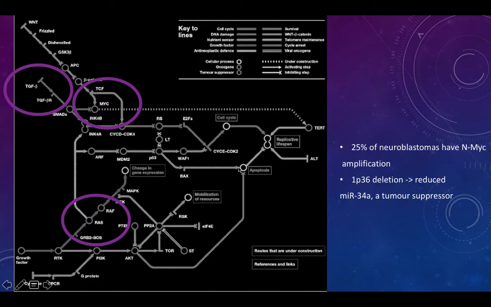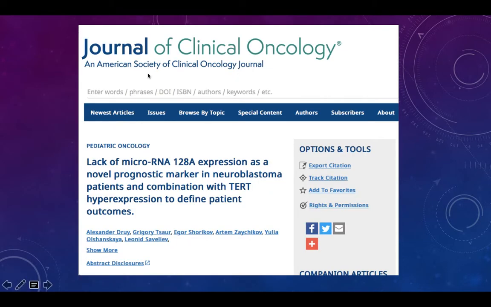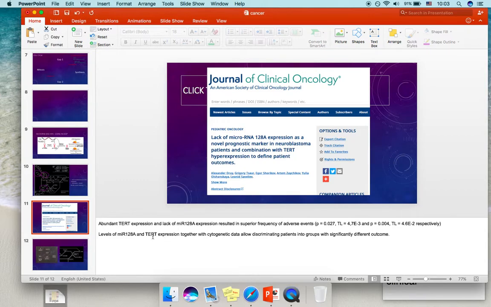Now let me talk about a novel finding which I learned through discussion with the original author at a conference recently. This individual and his team in Moscow found that lack of microRNA 128A expression is associated with a poorer prognosis.